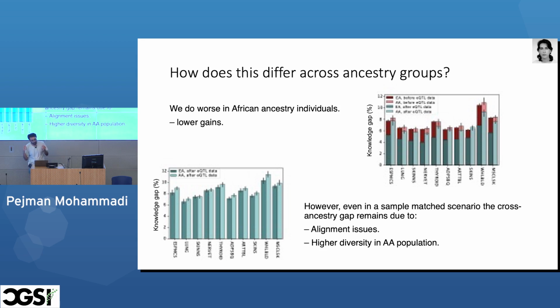But some of the things that contribute to it are that you generally have more alignment issues, and populations that don't fit the reference panels you're using. The other part is that there is systematically higher diversity to start with in the African American population. So even though you would use the same amount of samples, you can't get the same accuracy out of it.